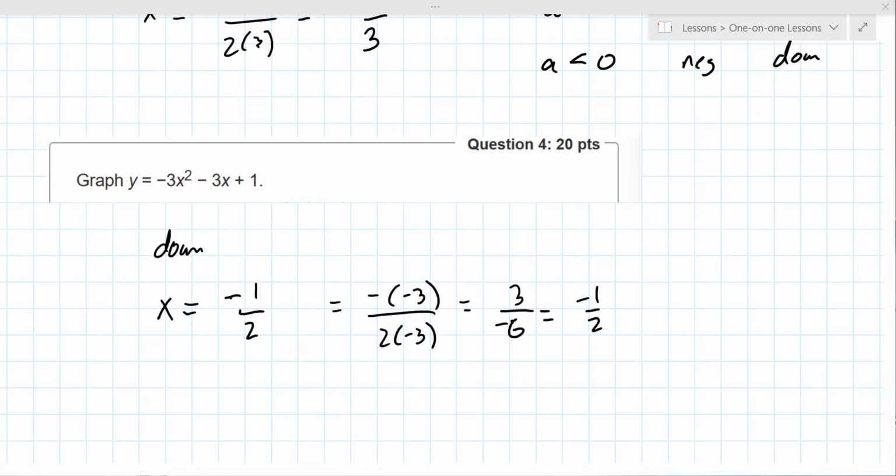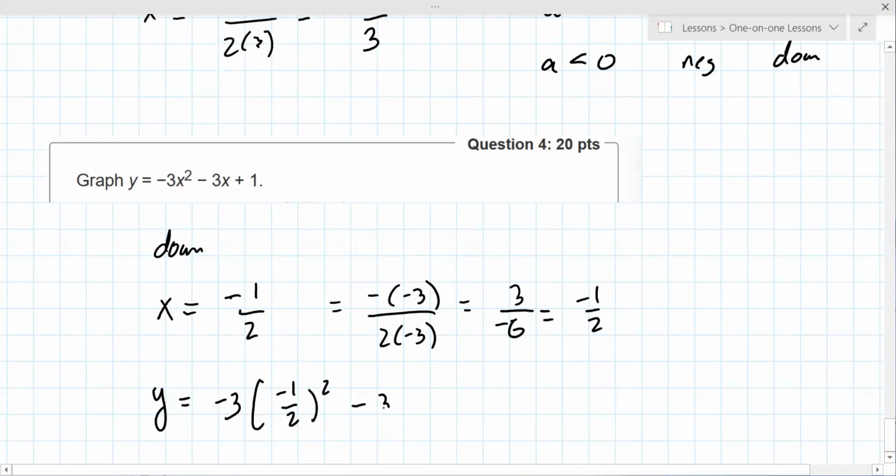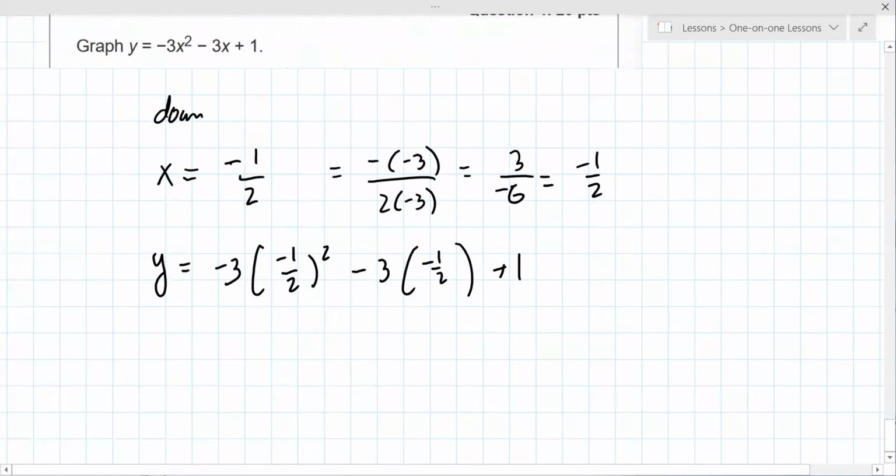Once you know the vertex, and in fact you know that it opens down, there's two of these here, so we're going to find the y coordinate. The y coordinate is -3 times (-1/2) squared, minus 3 times -1/2, plus 1. When you square a negative, it becomes positive. You square the top and the bottom, so this is 1/4, and you multiply by -3, so it's -3/4.